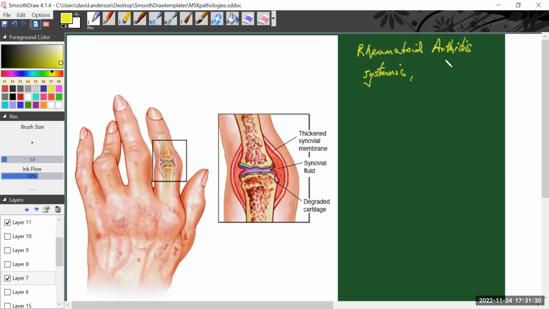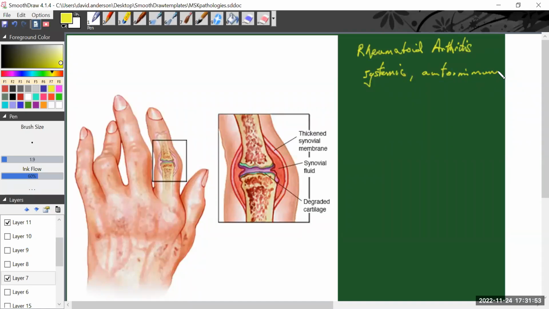But the other thing that makes rheumatoid arthritis unique is that it's also autoimmune. And it's a situation where antibodies are generated against our own tissues, especially synovial tissue.